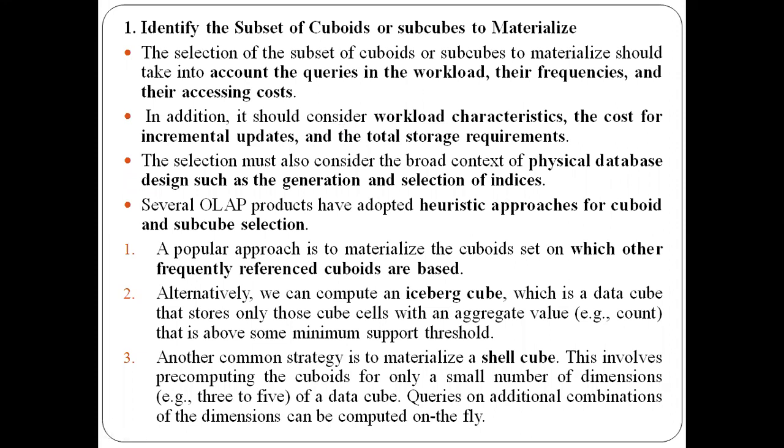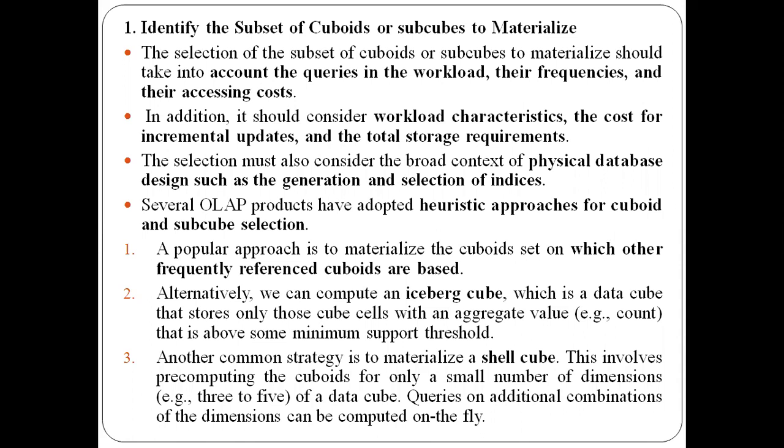Then what are the different possibilities we have in order to choose the subset of cuboids? We have some parameters here. The first parameter is to account for the queries in the workload. We need to take care of how many queries, and what amount of workload, are based on this cuboid.